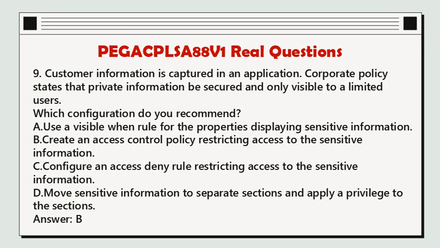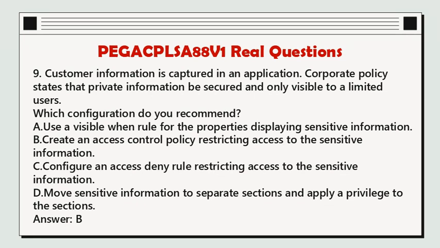9. Customer information is captured in an application. Corporate policy states that private information be secured and only visible to limited users. Which configuration do you recommend? A. Use a visible when rule for the properties displaying sensitive information.